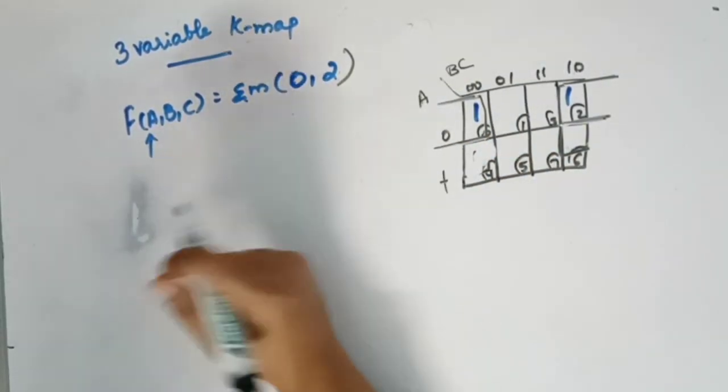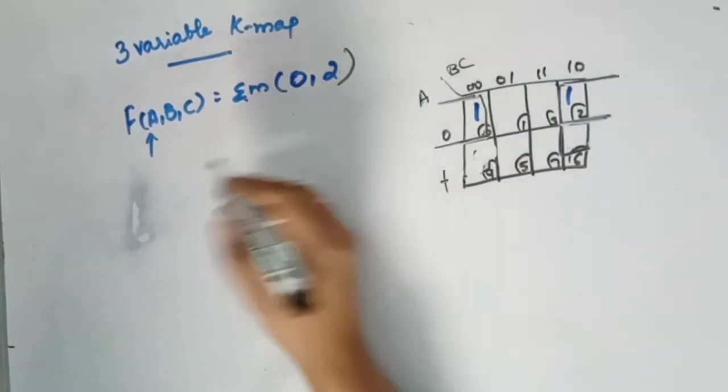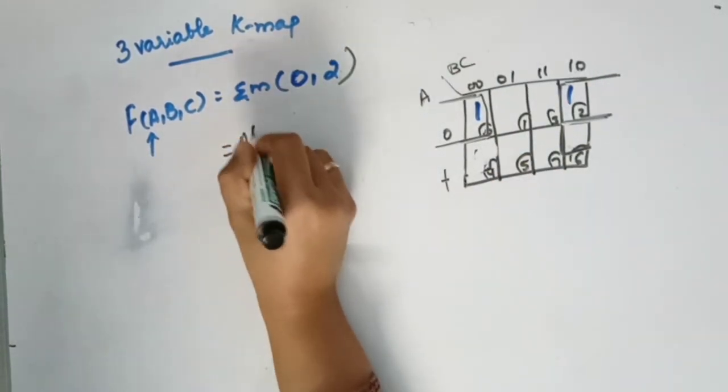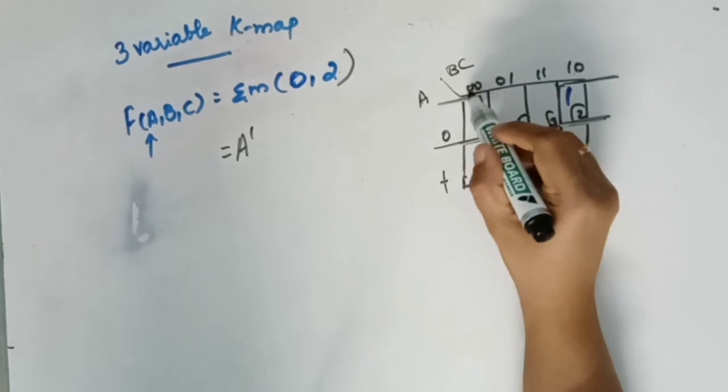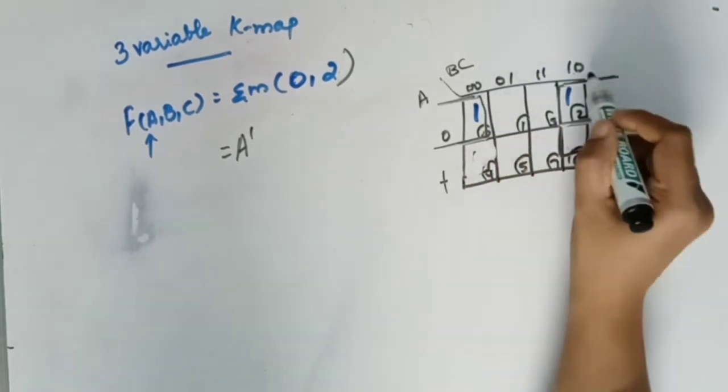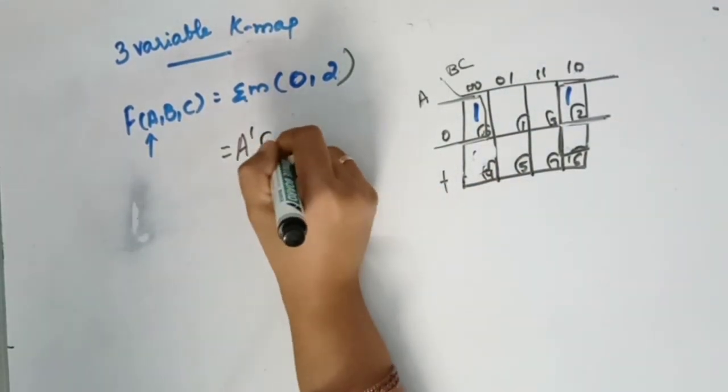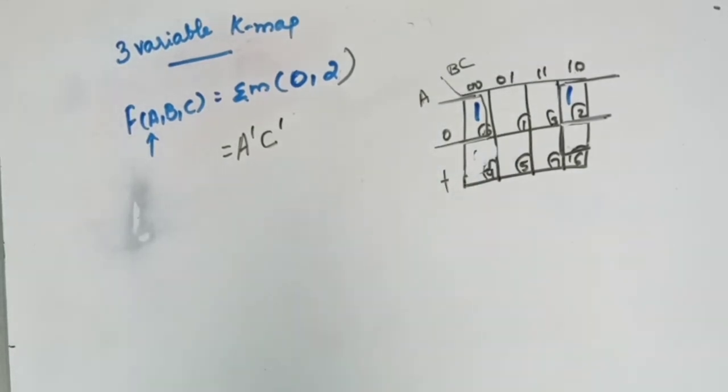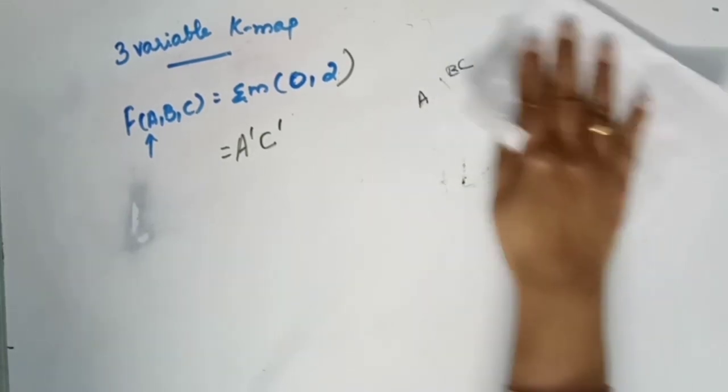And you can write it as A is common, A bar, and B is different, C is same. So it is A bar C bar. Okay. So that is the case of 3 variable Kmap. So you can try few examples in 3 variable Kmap.